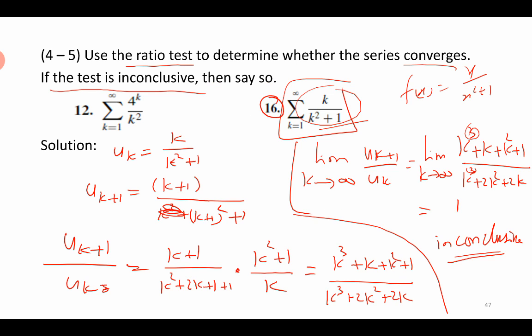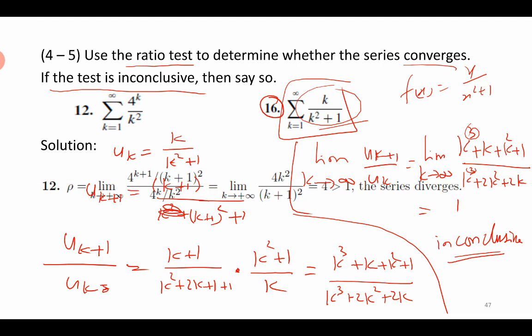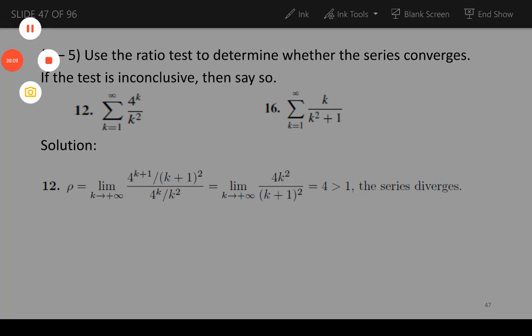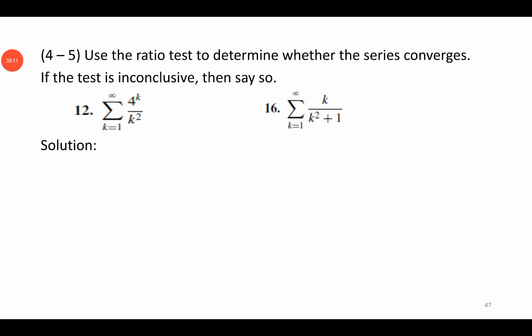Let's take one more problem from your textbook for using the ratio test. Problem number 15: summation k from 1 to infinity of k factorial divided by k cubed.